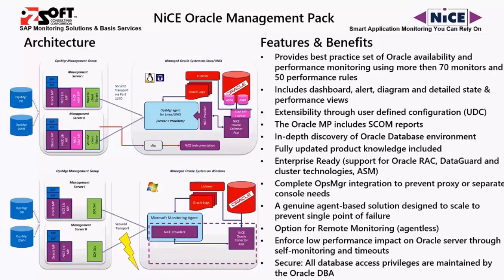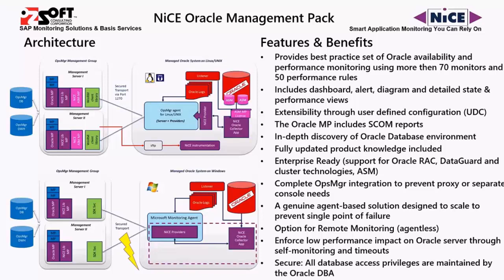I just put the two architectures in here because we have a real agent-based architecture, so we actually use the cross-platform agent. Let's say we have a Linux server where the SAP database resides. We extend the agent which is already on there, the Microsoft SCX or my server agent.